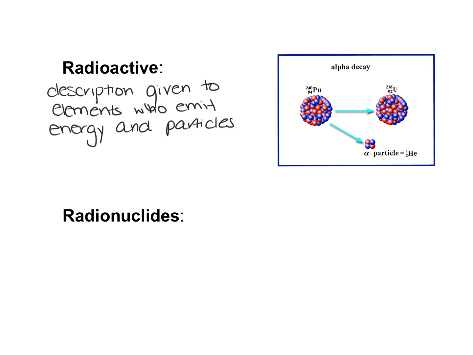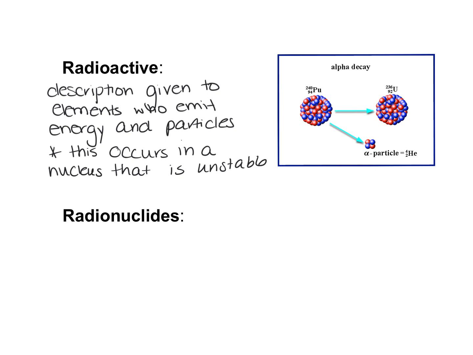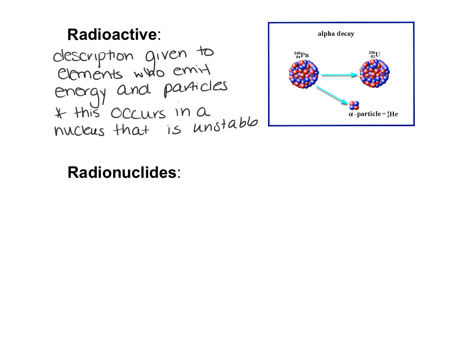Now, this occurs in a nucleus that we call unstable. And when we talk about this, these a lot of times are called radionuclides. And radionuclides are just the term that's given to an atom that is radioactive.